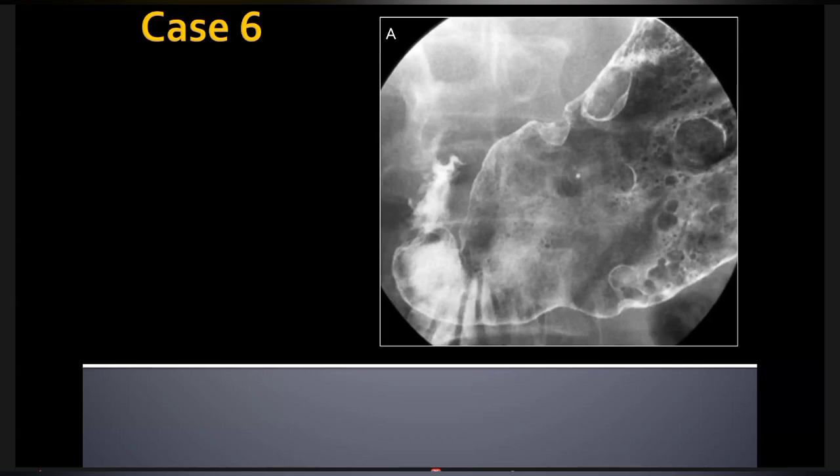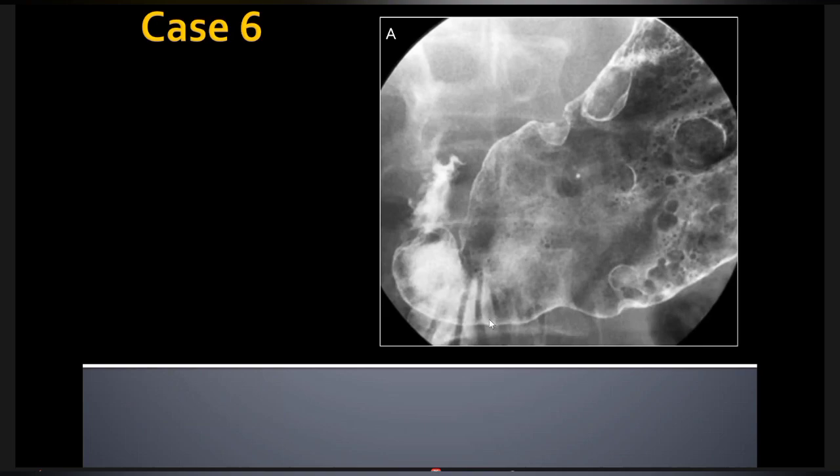I can see some outpouchings and some underfilling of the gastric lumen with the barium. Also, along the pyloric region, the streak of contrast with some mucosal irregularity is seen passing towards the antral and duodenum region.